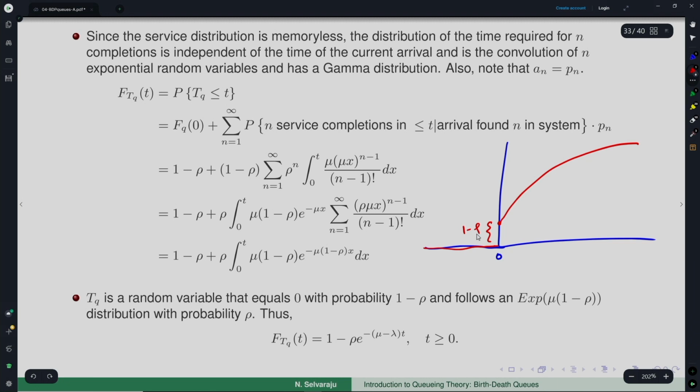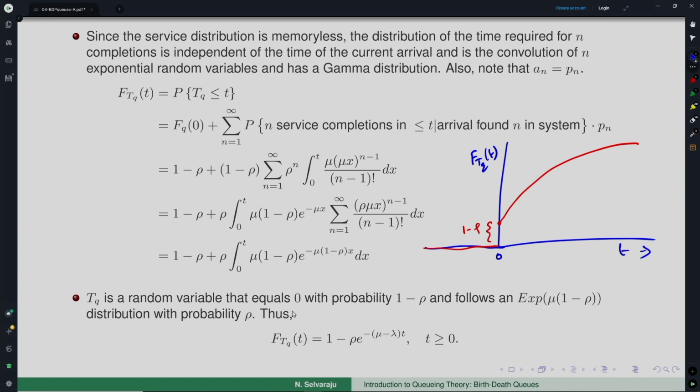The jump height is 1 minus rho. This is the F of TQ of t, and this is t.